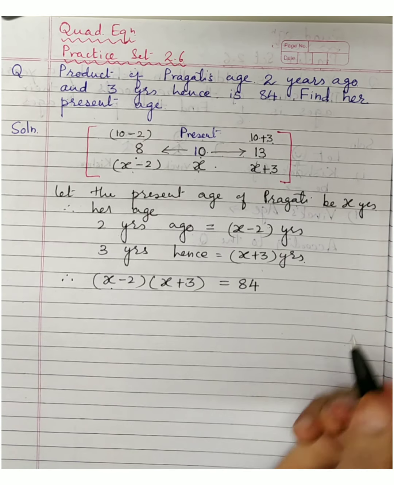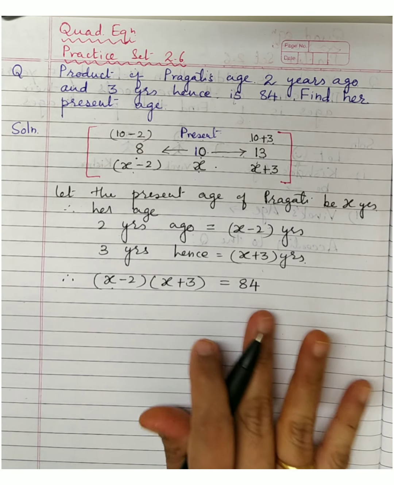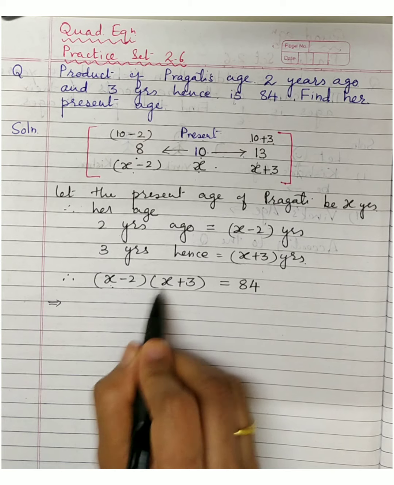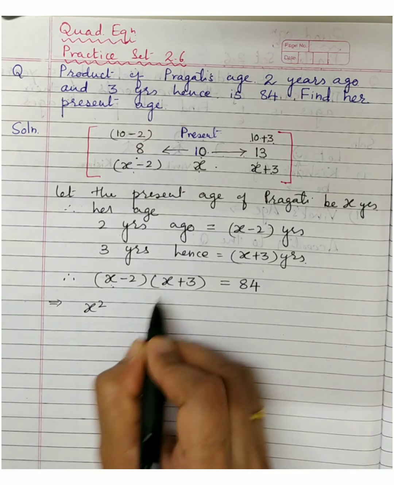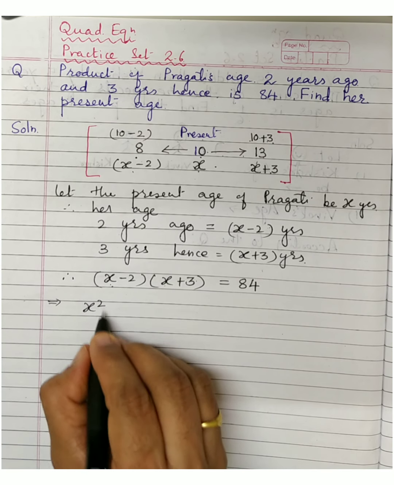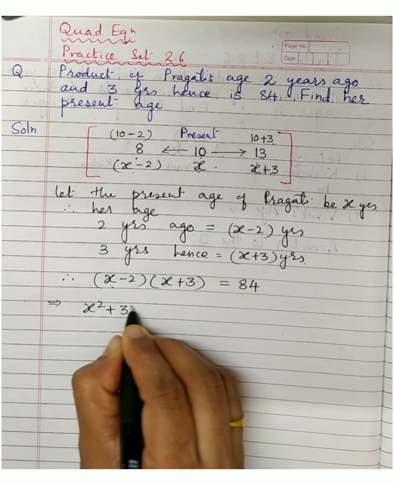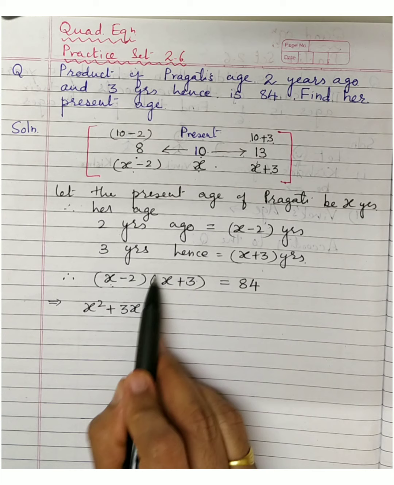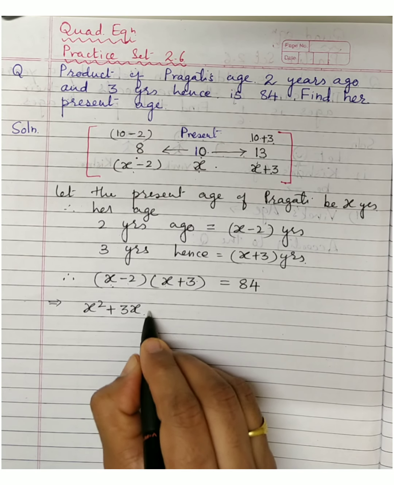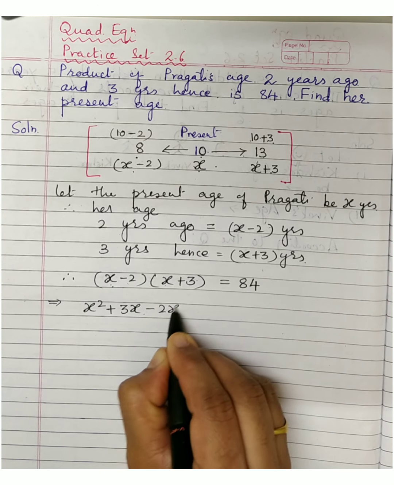Now we have learned how to express it into the standard form. So here what is the option? Open the bracket. X into X, X square, right? X into plus 3 will be plus 3X. Now same way this bracket will be multiplied by minus 2. Minus 2 into X, minus 2X.